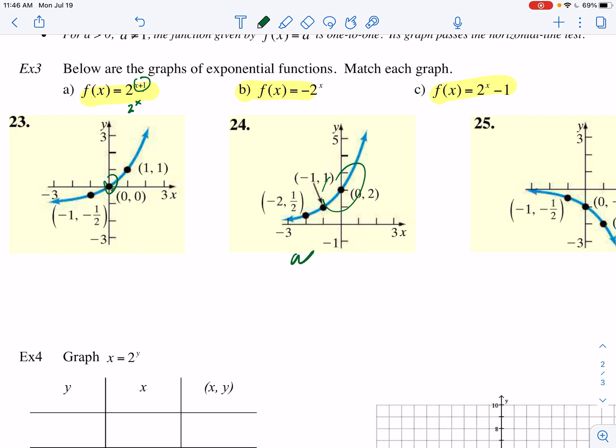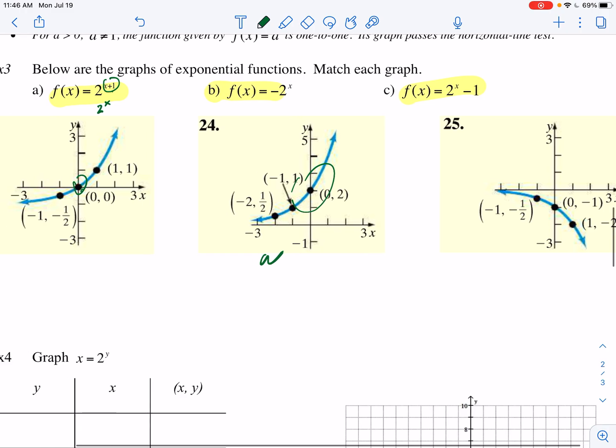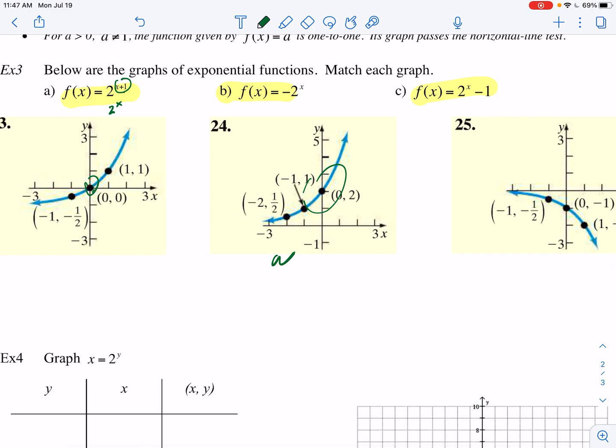Another way is to understand the graph translation. We're not going to go into too much about it, but as you recall from chapter 8, you can shift it horizontally or vertically, or flip it across the x-axis. Those are the 3 things there.